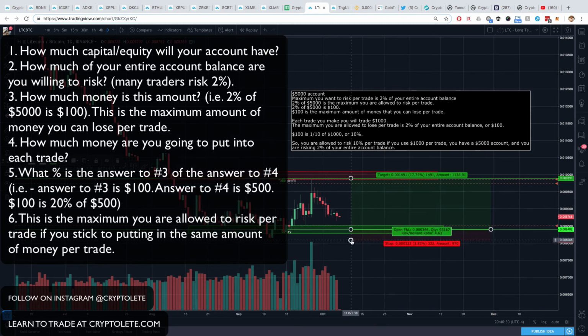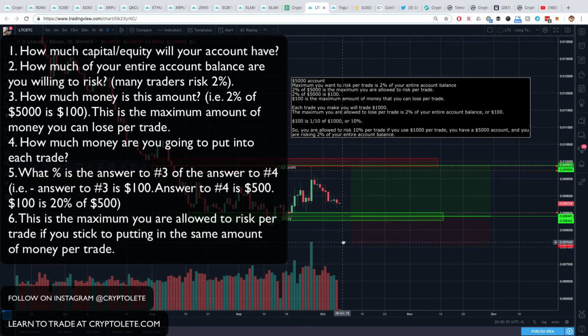That would mean your stop loss would have to be at the maximum of 10% loss, and then you have to get out. If it drops that far, you get out emotionless, you don't care, you're out.